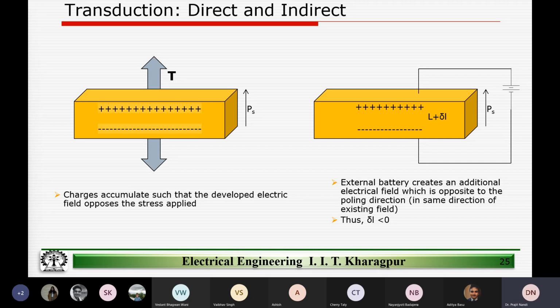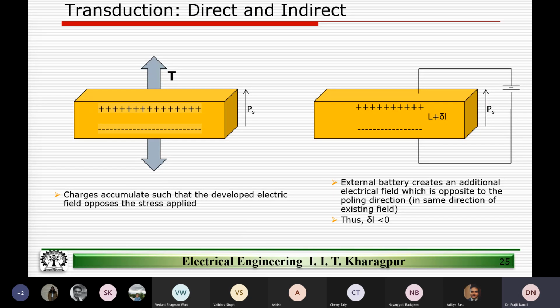So let's get started. As usual, every day, I'll start with a little bit of overlap from what we discussed in the last class, so that the continuity between the lectures is well maintained. Yesterday we discussed how the electrical and the mechanical domain relationships would interact.